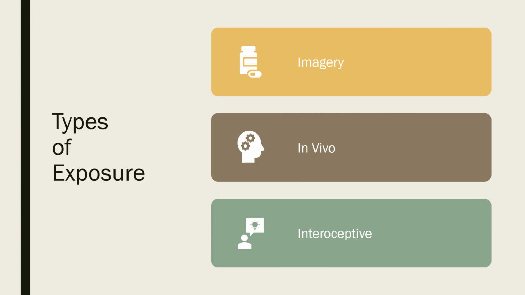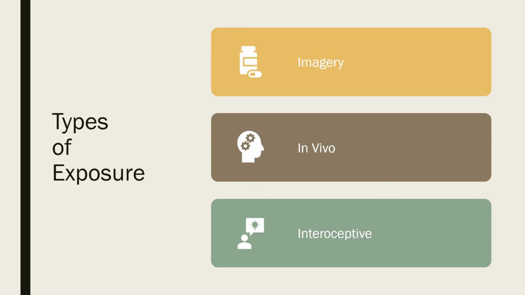And then you expose clients to these feared situations step by step, starting from the least feared situations to the most feared situations, until they can do the most feared, most anxiety-provoking situations. So this technique is frequently used in trauma treatment. So you will learn more about this in the class where we focus on CBT for trauma.